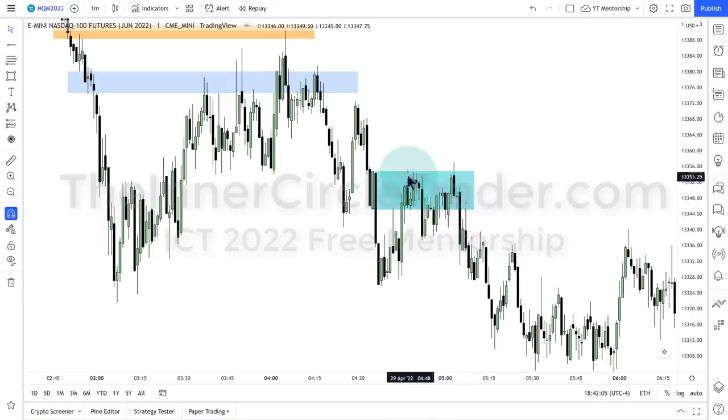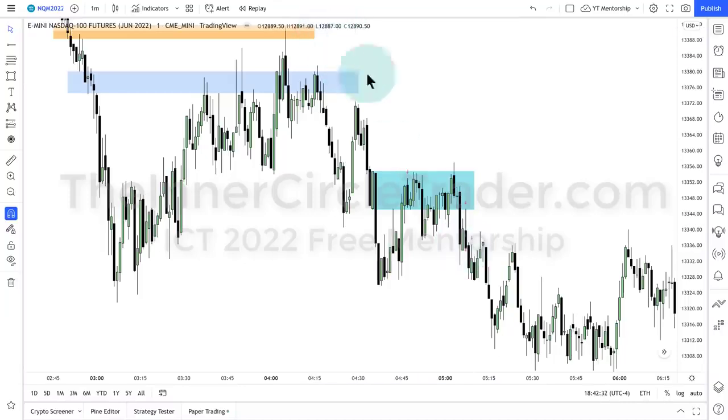I sold 3 contracts here. I sold 2 contracts here. And then I entered again here, after it did what? Retraded back up into this bearish order block here. So it moved down, came back up in, and I'm selling short here. Okay, what's the low on that candle? Right here.